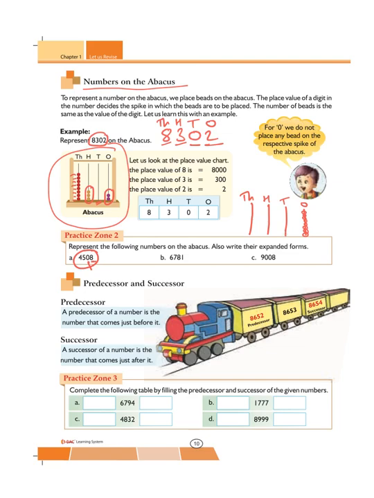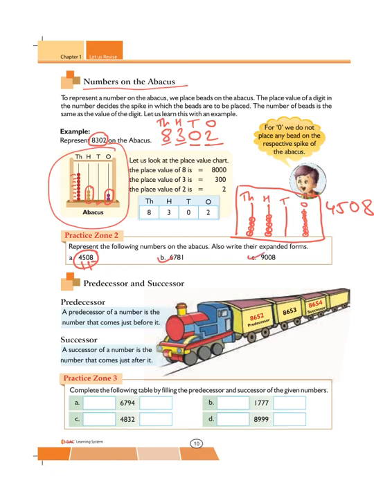Then on hundreds place we have 5, so we will put 5 beads, 1, 2, 3, 4, 5. Then on thousands place we have 4, so we will put 4 beads, 1, 2, 3 and 4. So this is the representation of the number 4508 on an abacus. You do B and C as homework.